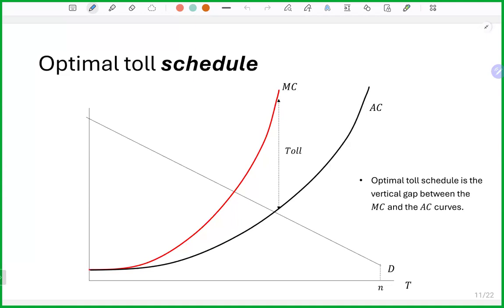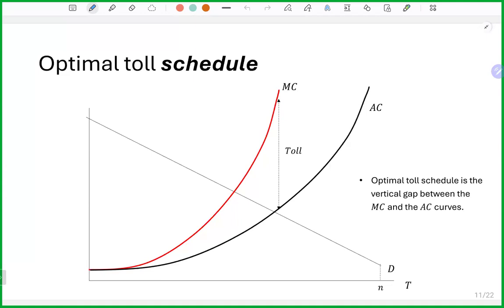So this is old equilibrium, and this is new equilibrium, and that is socially optimal. It's the total value. So this point is socially optimal, right? This point is new equilibrium.